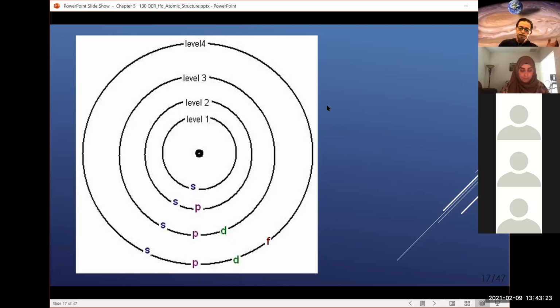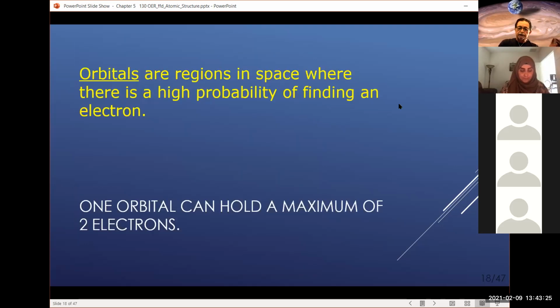Okay. All right, so like I stated, I utilize the term orbits rather than sublevels. These orbits are regions where there's a probability of finding an electron. Okay, they're mathematical equations.